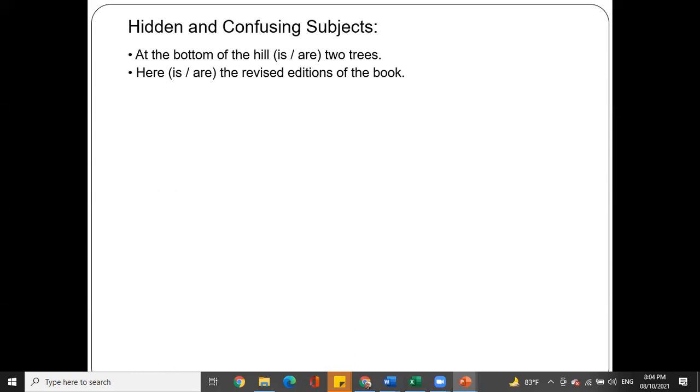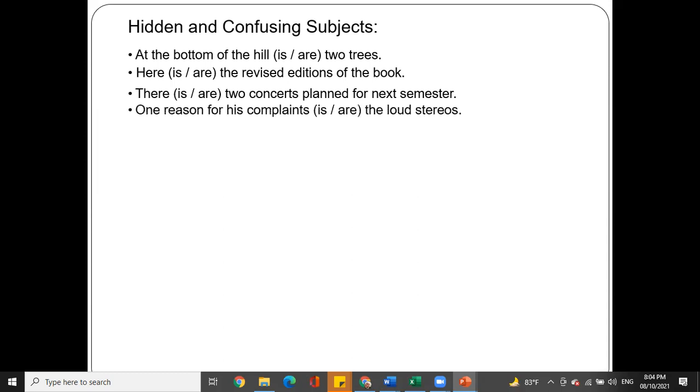They're only there in order to fill the syntactic position of the subject, but they are not the subjects. They are demonstrative pronouns, but I forgot the linguistic term for them. There are two concerts planned for next semester.